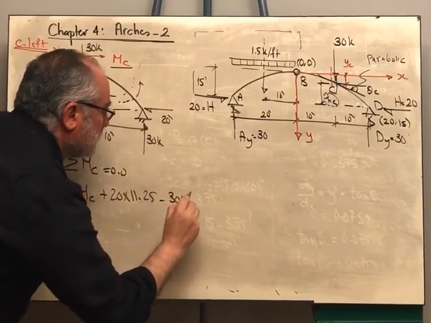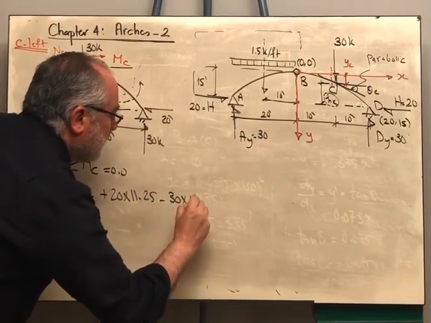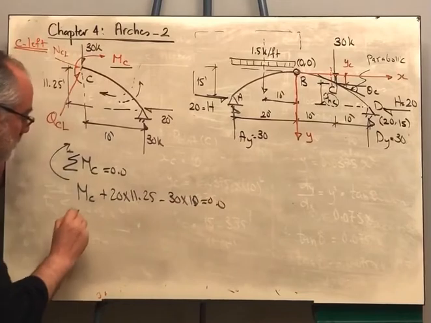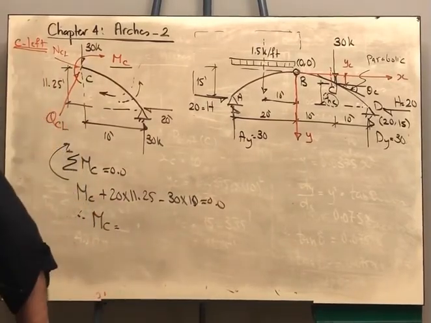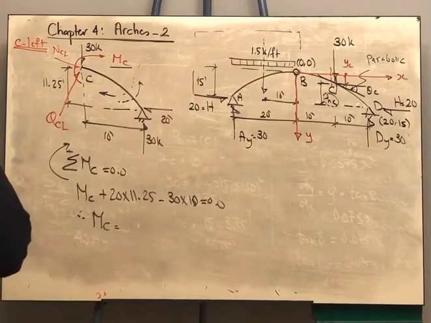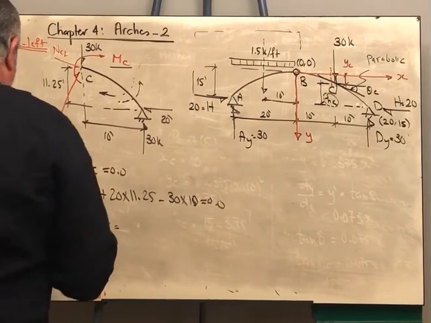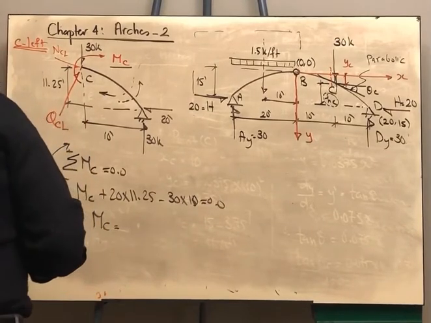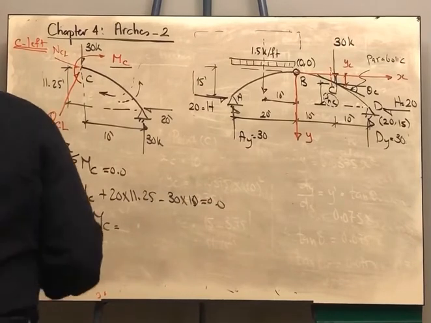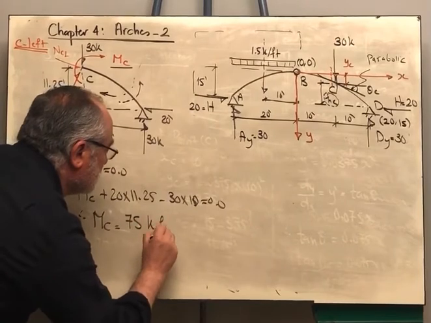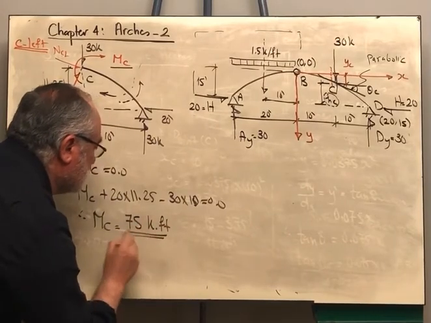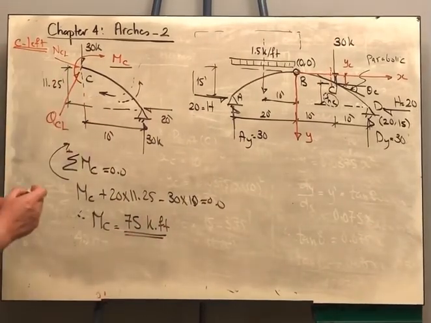This is minus 30 multiplied by 10 is equal to 0. From there, the moment at point C would be equal to 75 kip-foot. This is moment at point C.